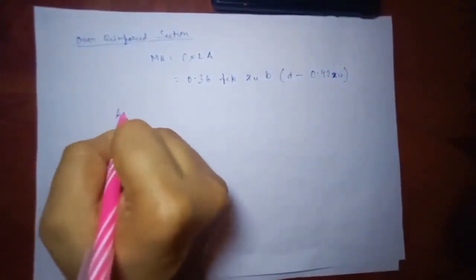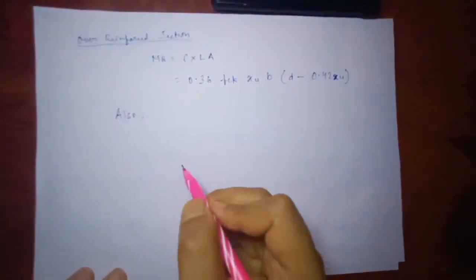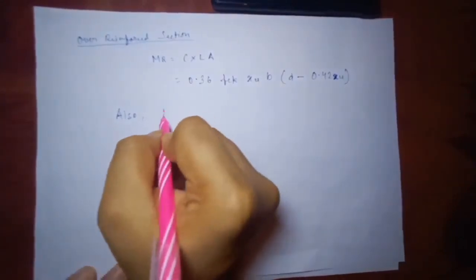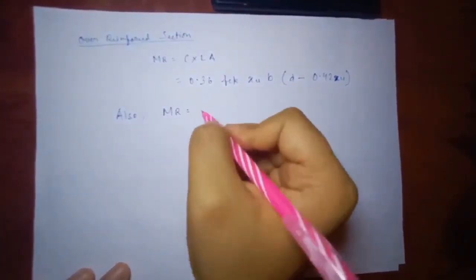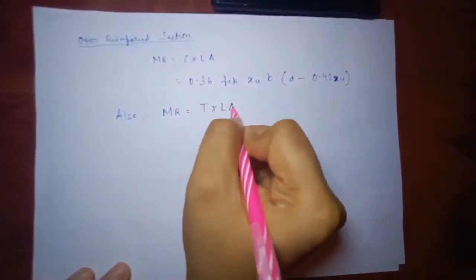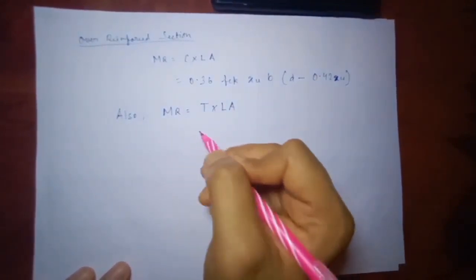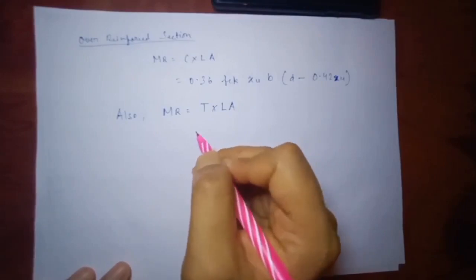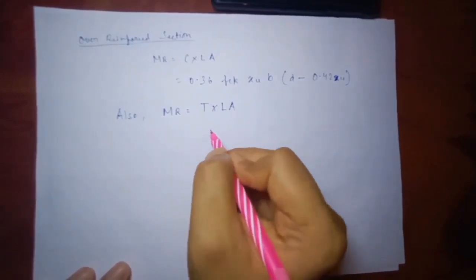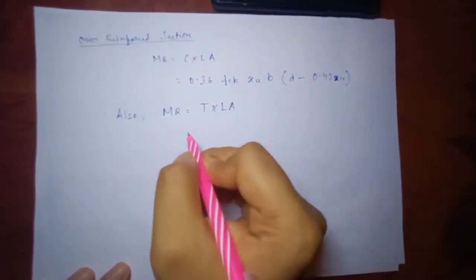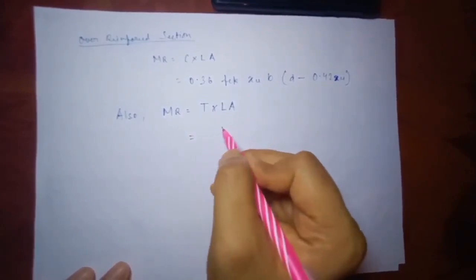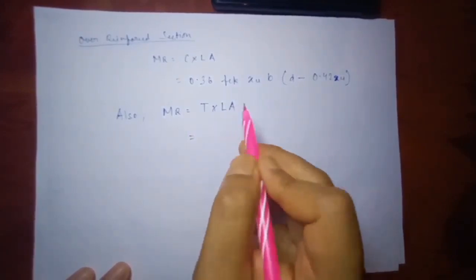Also, MR is equal to T cross LA, and this time I won't write 0.87 fy.